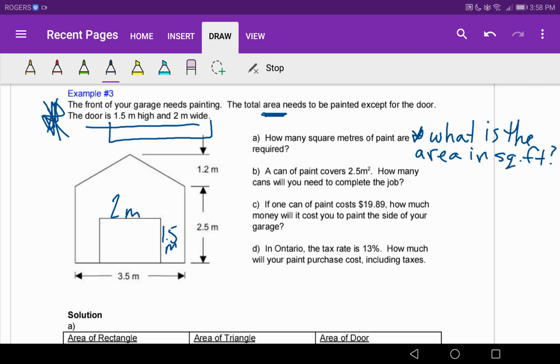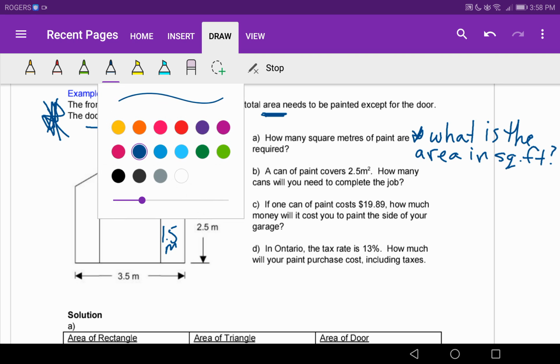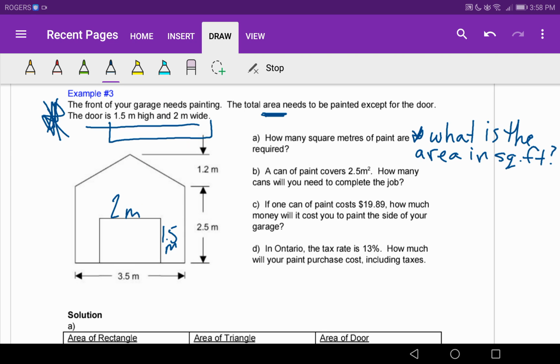Okay, so let's go ahead and start to plan this out. How many shapes do I have? I need to find the area here. I know I can split this up into a triangle. That's one shape.